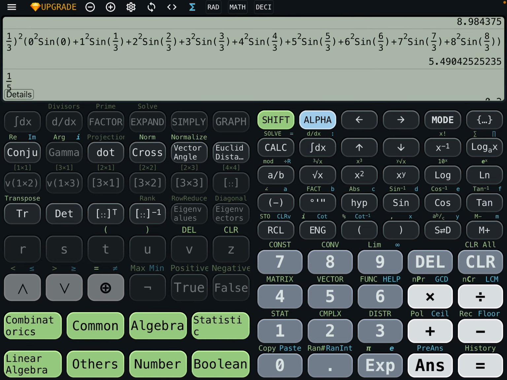1/5 times 2 times 1/5 cubed. And then in the brackets was 11 cubed plus 12.